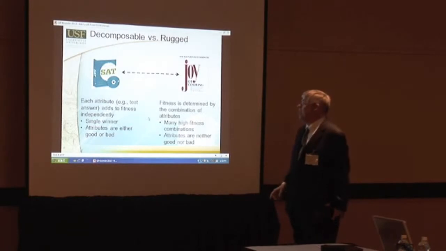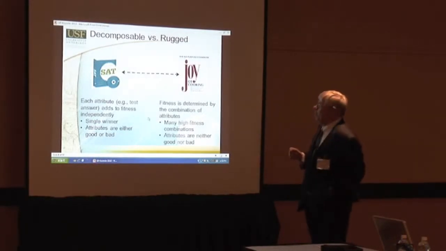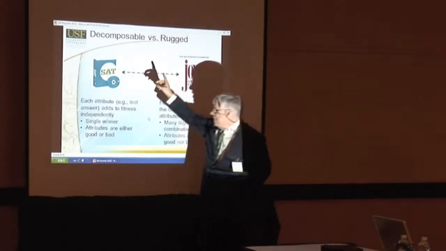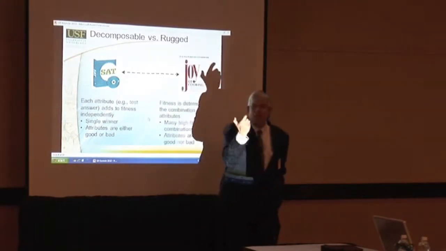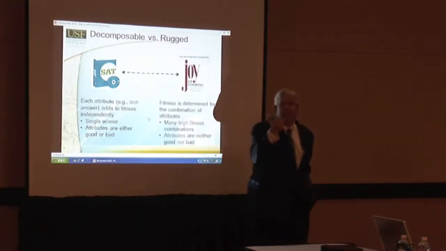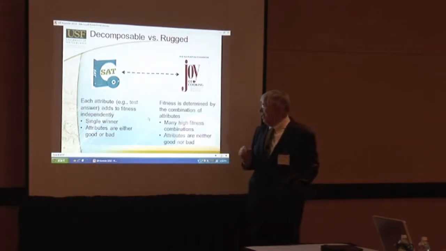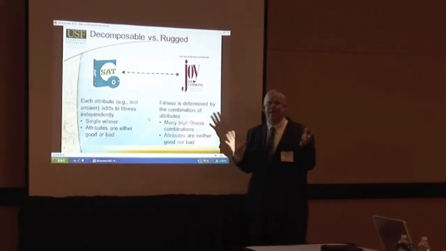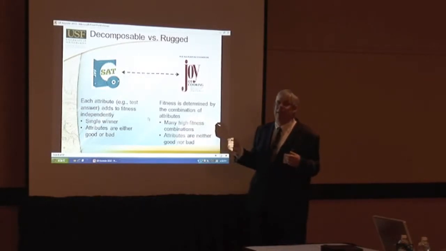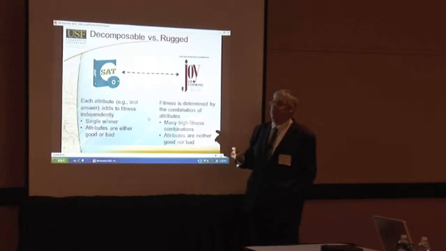The other characteristics are just in terms of decomposable versus rugged. In SAT, getting the right answer to a particular question always makes your score better. A cookbook's a more rugged example. There are many, many different nice high fitness combinations, but you can't ask the question, does a particular attribute that contributes to fitness, say garlic, is it a good or a bad attribute?